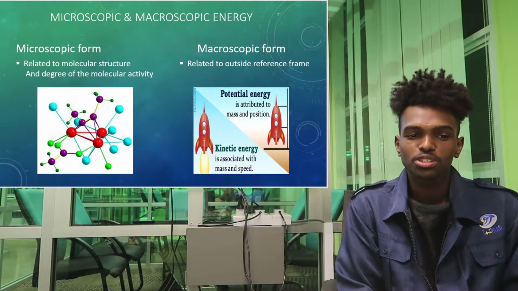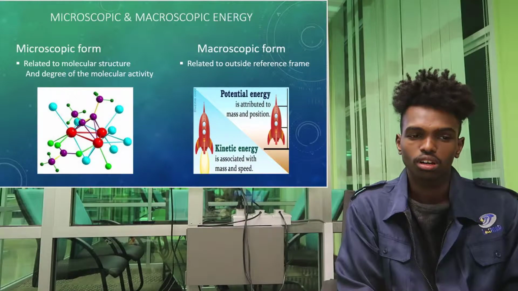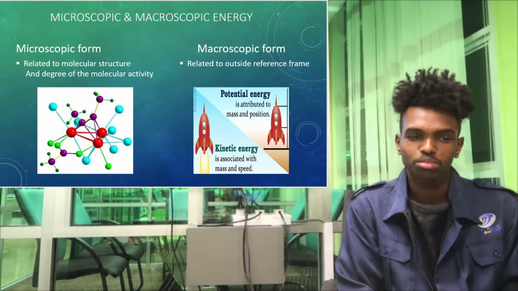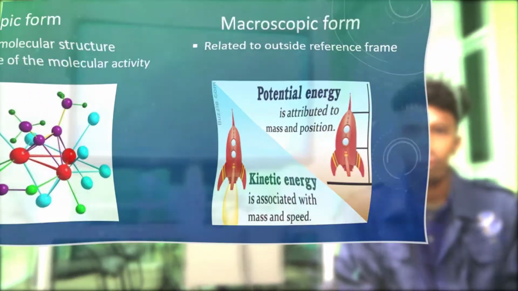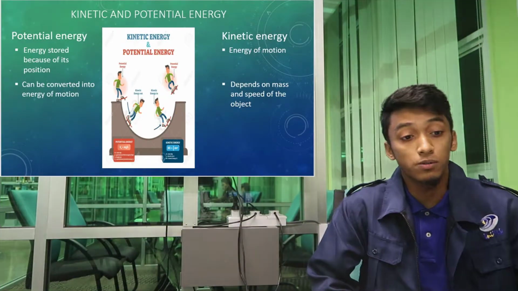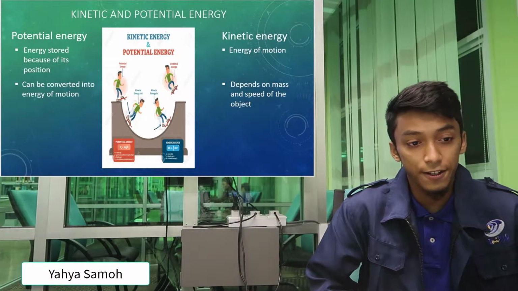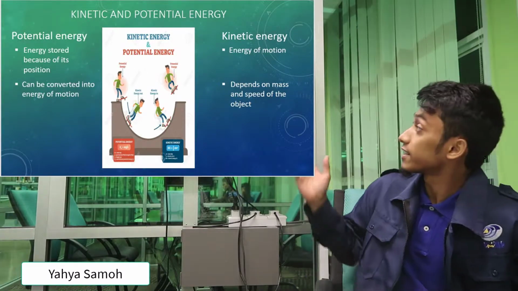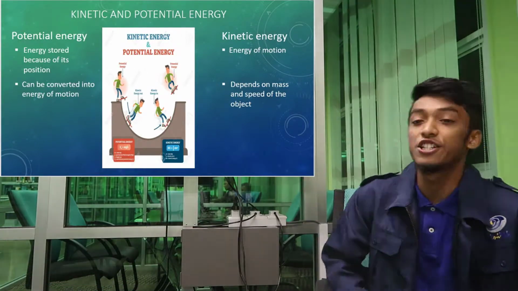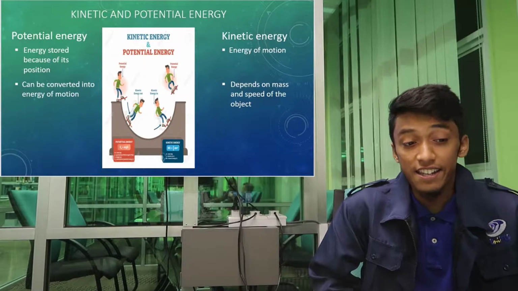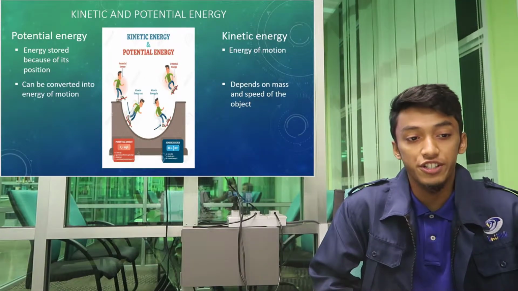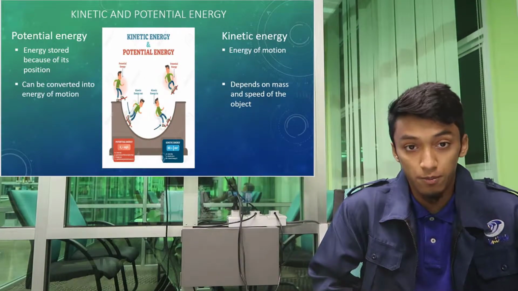frames, such as kinetic and potential energies. And now we discuss two forms of energy, which are kinetic and potential energy. Kinetic energy is a form of energy that results from an object's motion.